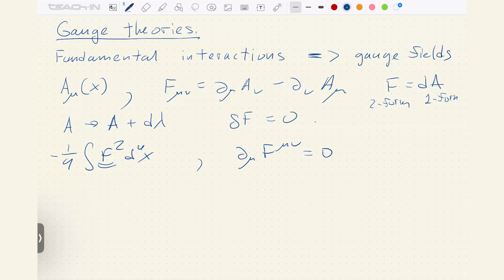But if you want the Maxwell Lagrangian, or if you want to describe in Lagrangian terms interactions between the electromagnetic field and currents, that's when we want to add this kind of term, d^4x. We need to work in terms of A. So it's kind of unavoidable when you study interactions to hit gauge fields.